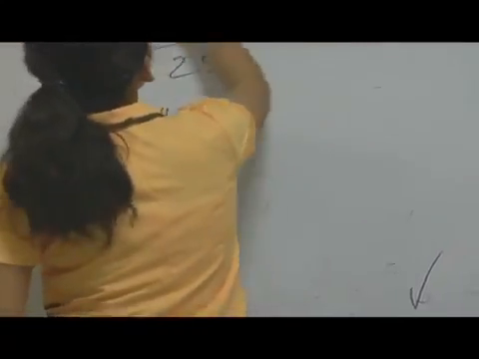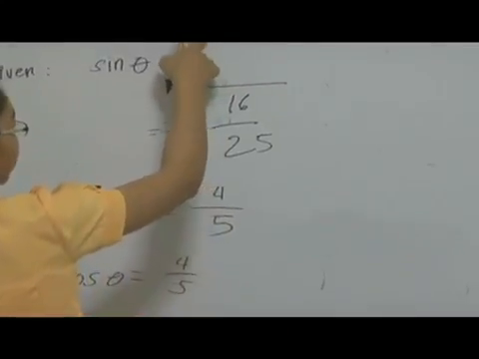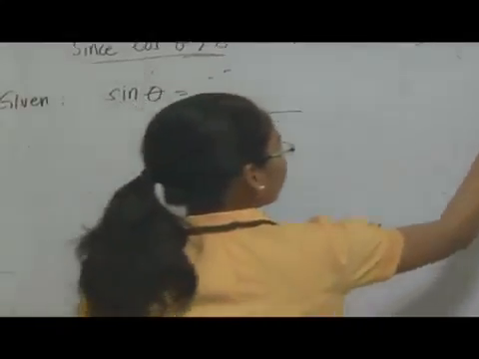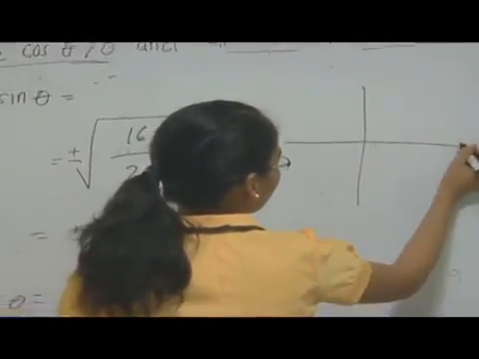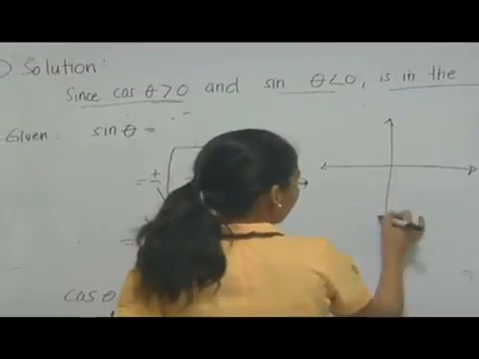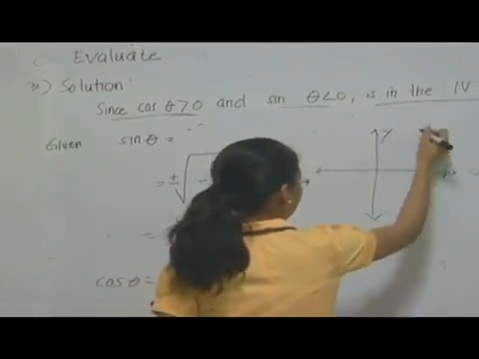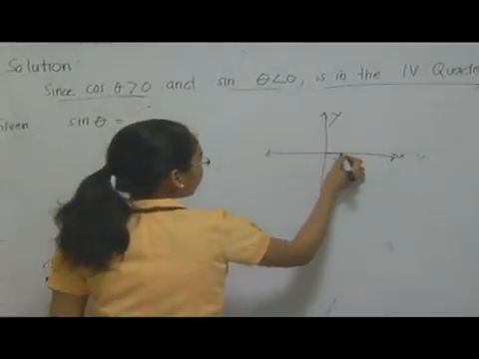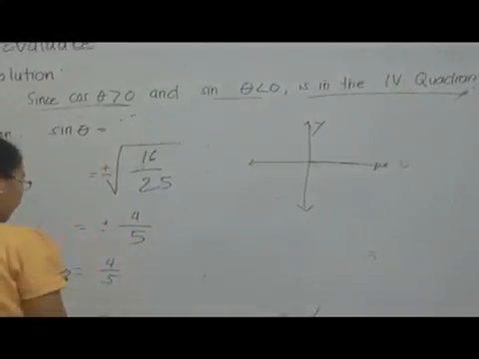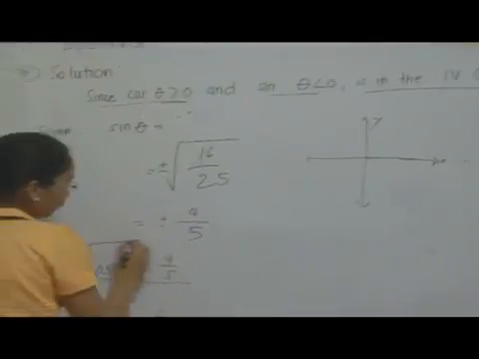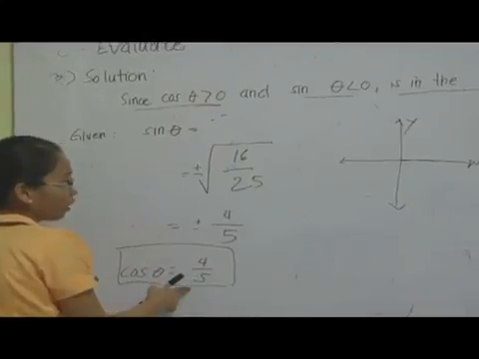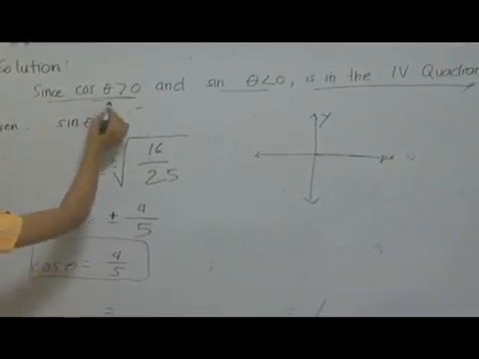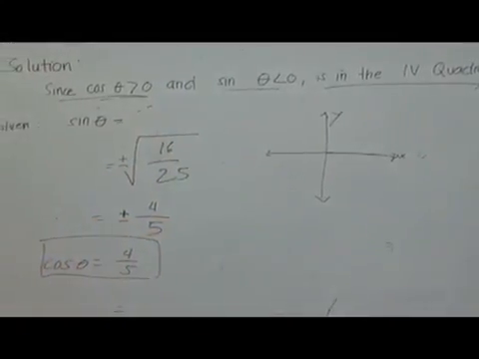Now the value of cosine theta is positive 4 over 5. Why? Because it is stated that cosine theta is greater than 0, that's why it is located in the positive axis. So the value for cosine theta is just 4 over 5, because cosine in quadrant 4 is positive.